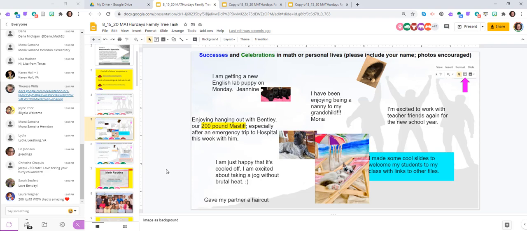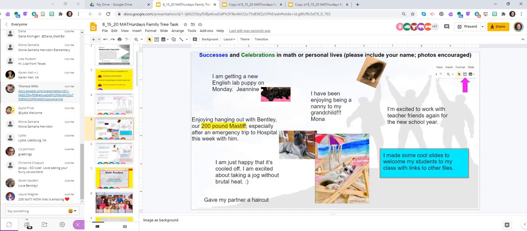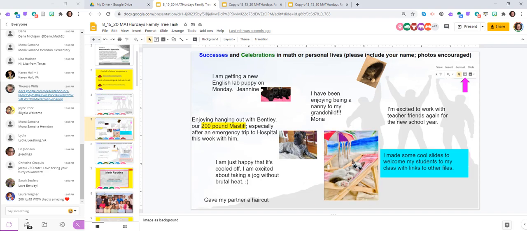If I wanted someone to talk out loud, I might choose to highlight their text box to give them a cue that they're coming up. I sometimes tell my students, if you don't want to be called on, use the outline button and make it green. That lets me know that you are happy to share on the slide, but you don't want to discuss it any further out loud. It gives them some autonomy.